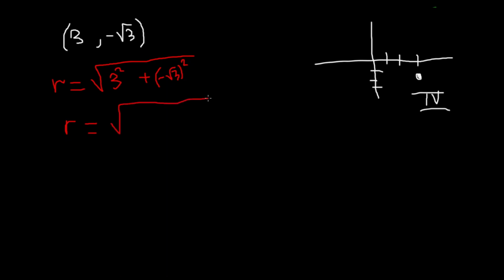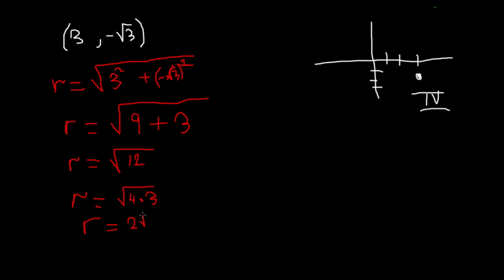So r equals the square root of 9 plus 3, because square root and square cancel out. R equals the square root of 12. You can keep it in this form, or you can simplify further. This can be written as the square root of 4 times 3. So r equals 2 square root of 3.